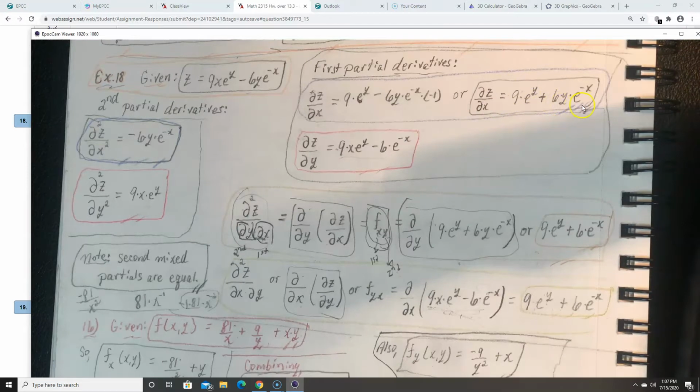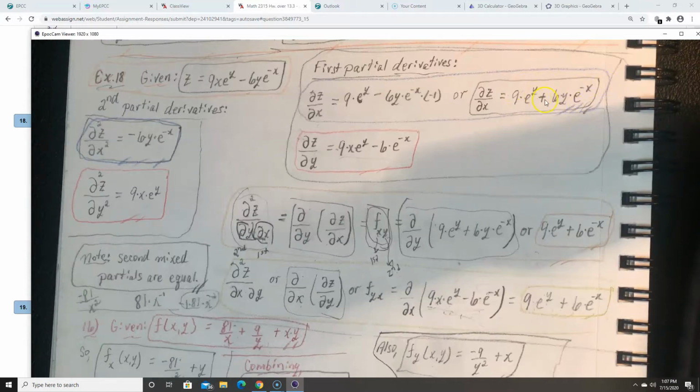What's the derivative of this term with respect to x? y is frozen, 6 is frozen as a constant, so the 6 times y is waiting. And then what's the derivative of e to the negative x with respect to x again? Well, it's e to the negative x times the derivative of the exponent, which is negative 1. That negative 1 times 6y, though, becomes negative 6y e to the negative x.